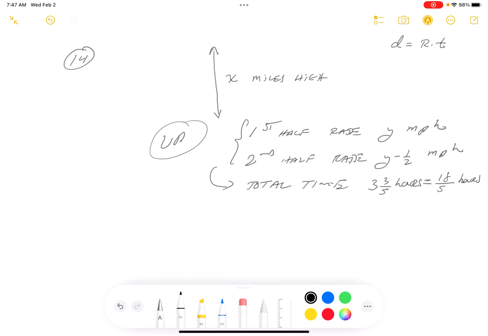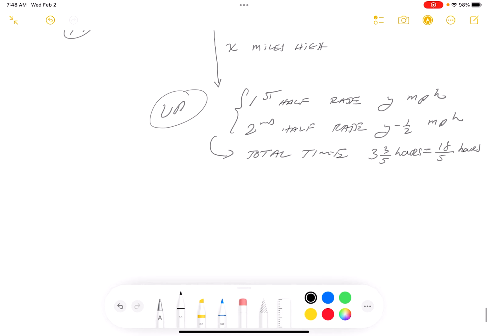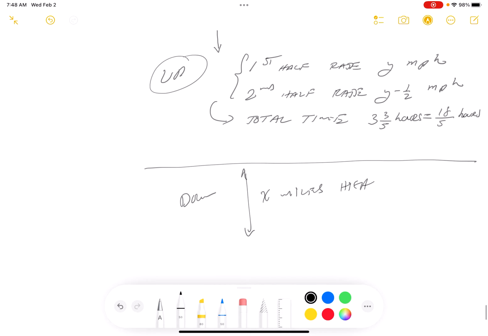All right? I'm going to keep reading it, and now we're going to talk about the downward part. So on the downward part, he still has to go X, by the way. Maybe I should put that down for you. It's still X miles high. But he's going down now. All right? So again, just reading it, and it's not about trying to memorize what I've read, on the descent, he's going down. His rate is 1 mile an hour greater.